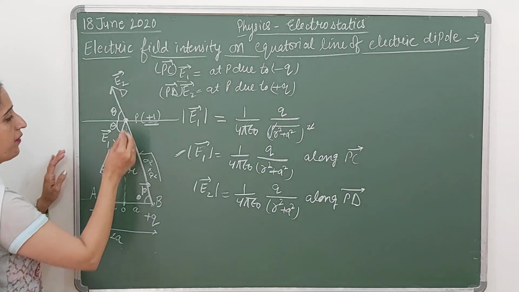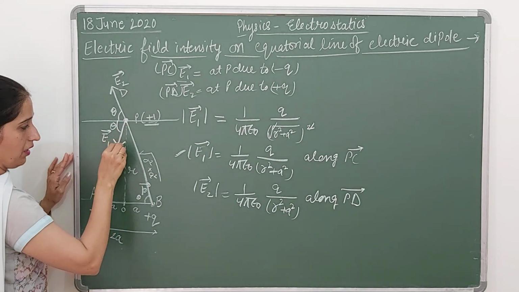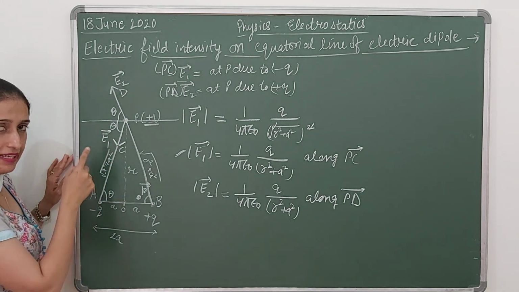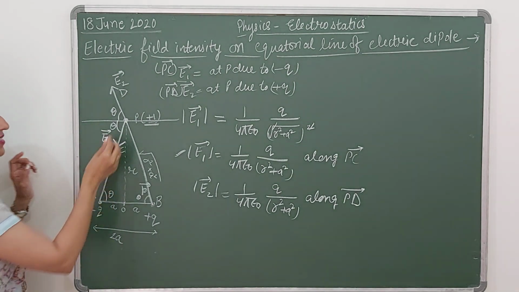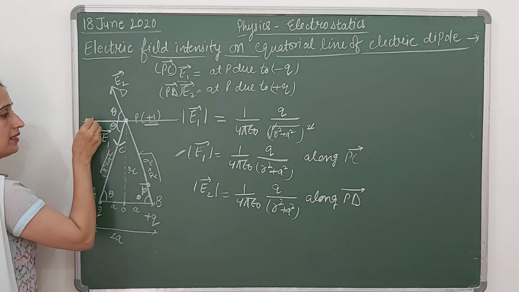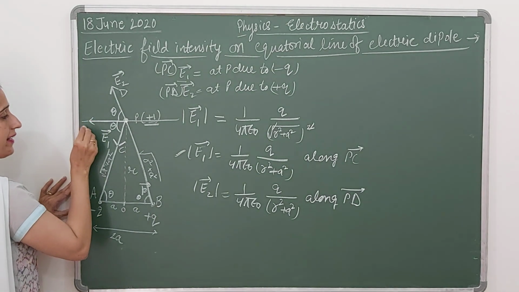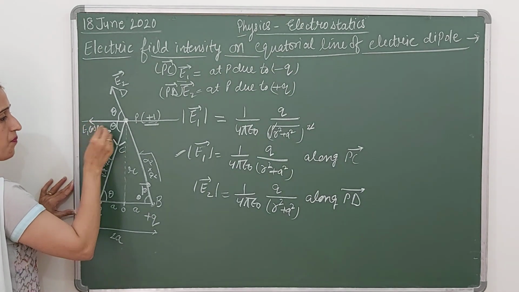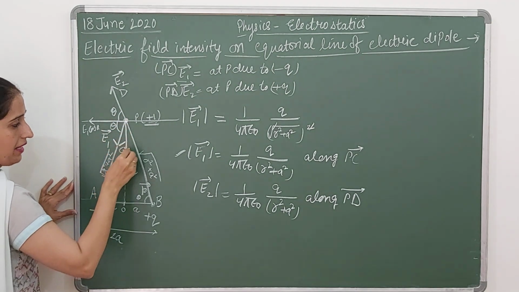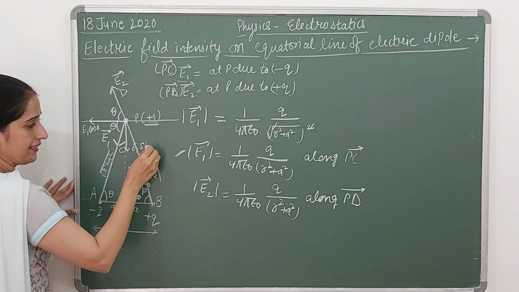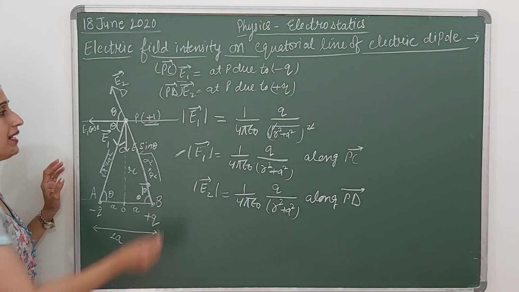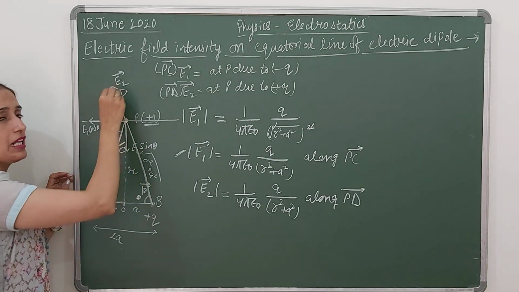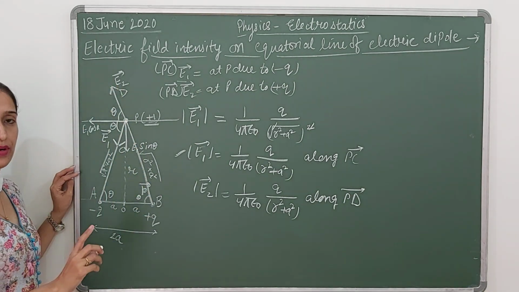Now this E1, I am going to resolve into two components. Along the horizontal line, I write E1 cos theta, and here it will act as E1 sin theta. Similarly, E2 can also be resolved into two components.